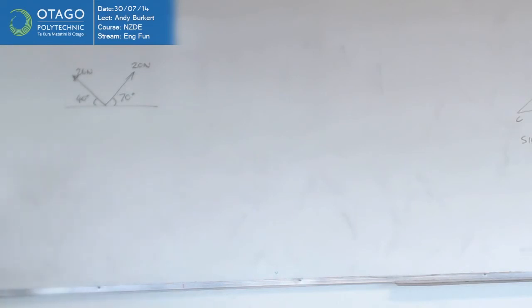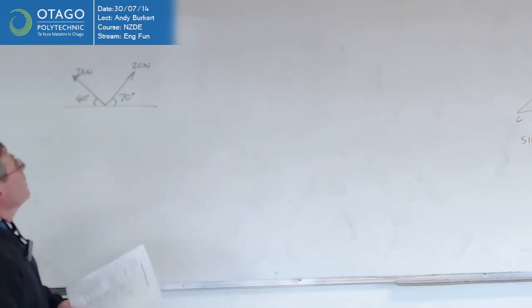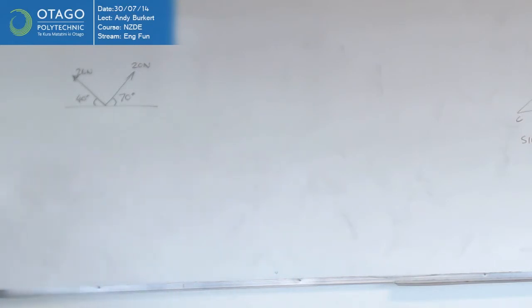And so we want to work out the resultant force and the direction in which it's acting. Okay? So we could do it by resolving vertically and horizontally, but let's do it by a triangle of forces.